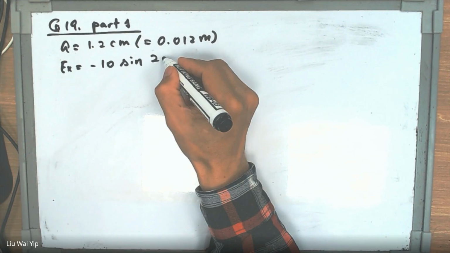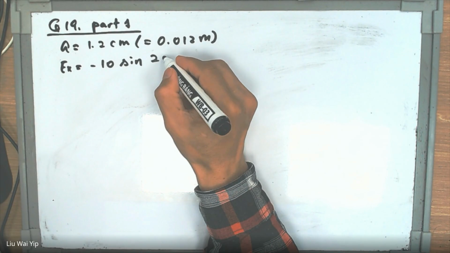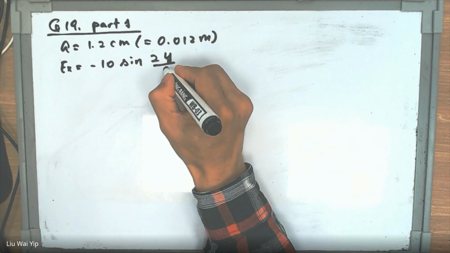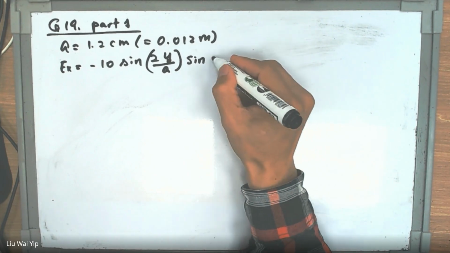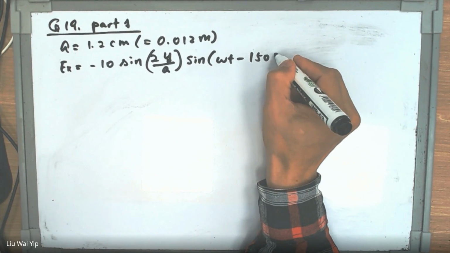I think there was some misprint in the question. Originally, the question has omega here, but I think we need to delete it. I don't think it will be right. So omega t, and then 150 z.